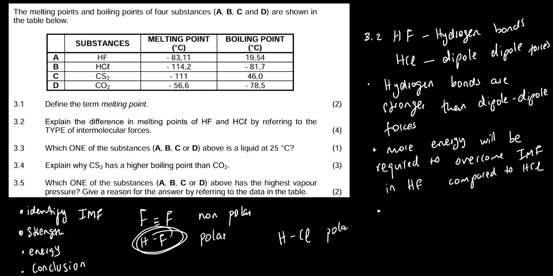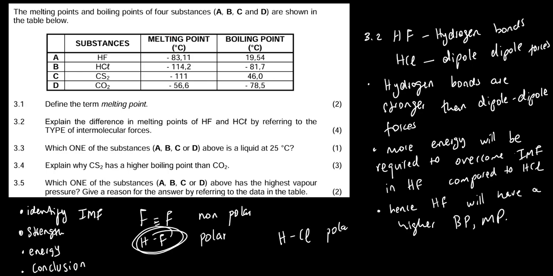So hence HF will have a higher boiling point and also melting point. So you can see there, negative 83 is bigger than negative 114.